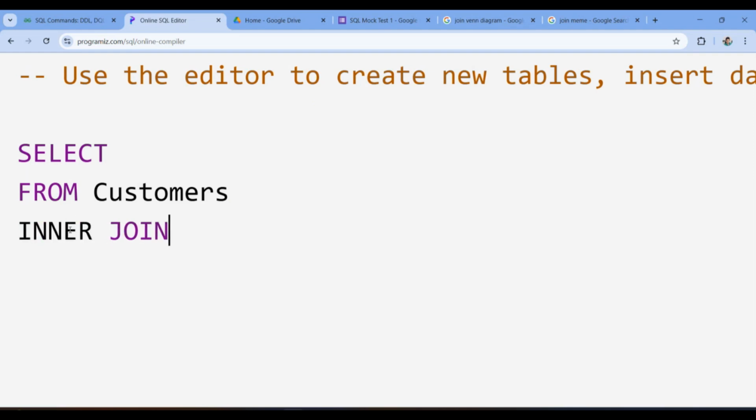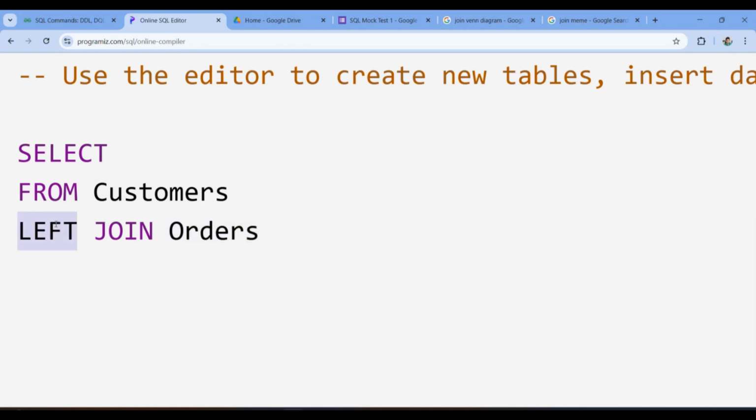So inner join, and then the second table which you want to join, that is your orders table for now. So from customers inner join orders, the customers table is your left table, and the orders table is your right table.